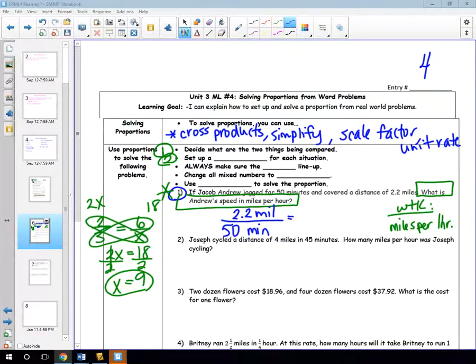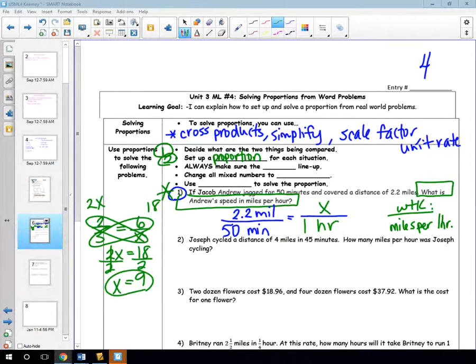So we're going to say if he's still going the same speed, so it's proportionate, with a constant rate of change, that constant speed, how many miles per hour is he going? My ultimate thing is I want to know how many miles, so I don't know the miles, so I'm going to put an X there, and I want to know how many miles per hour. So we're going to set up a proportion for the situation.